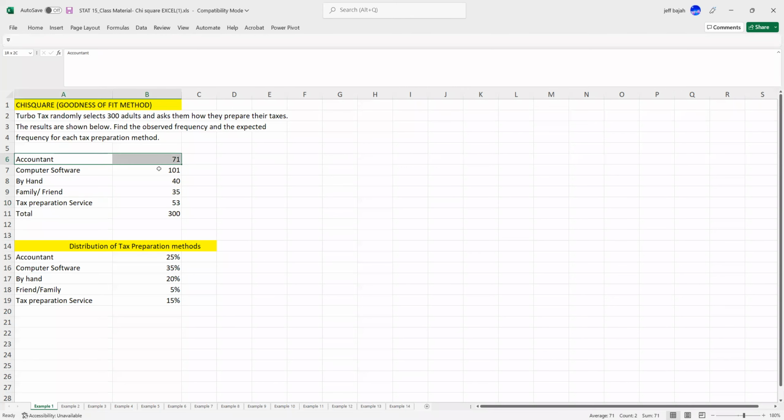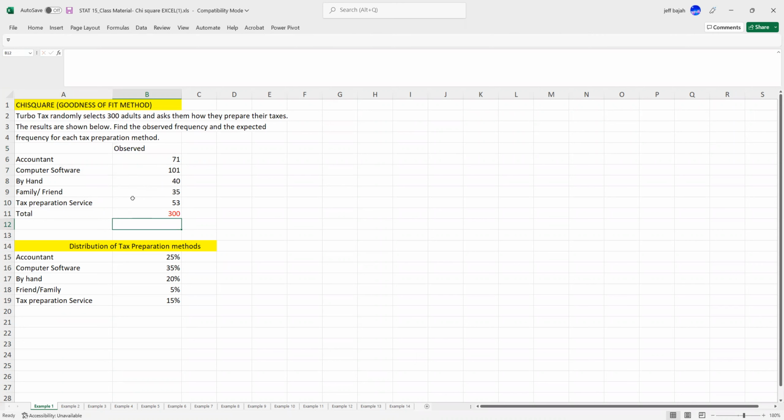So this is the result from taking a sample, and so this would be your observed. These are your observed values. If you add this up, you come up to the 300 that we have here.